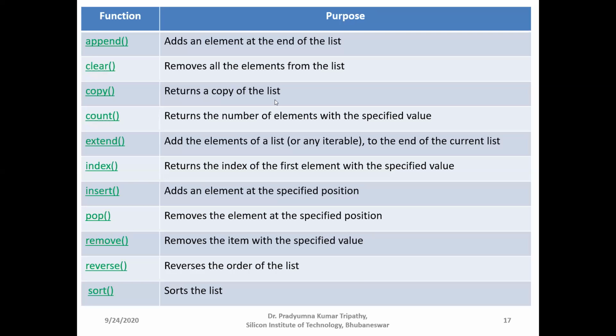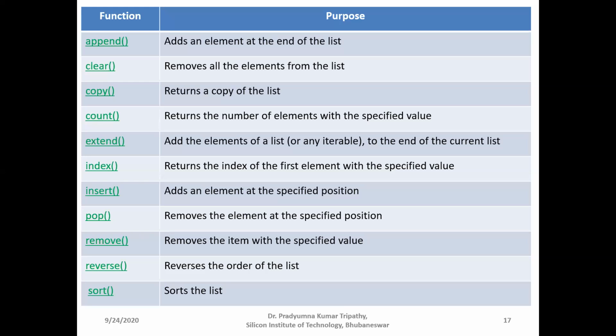So the functions that I have written over here and the purpose also I have written. Now for each of these functions, you will try on your own. You will declare a list, use the append function and see how a number can be added. Use the clear function to clear it.